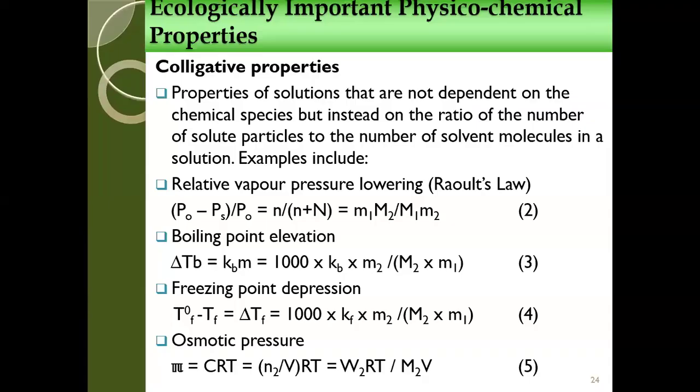Freezing point depression, delta TF, is equal to KF times small m, where KF is the freezing point depression constant and small m is molality. Now, how do we go about this? It is the same procedure. Okay?